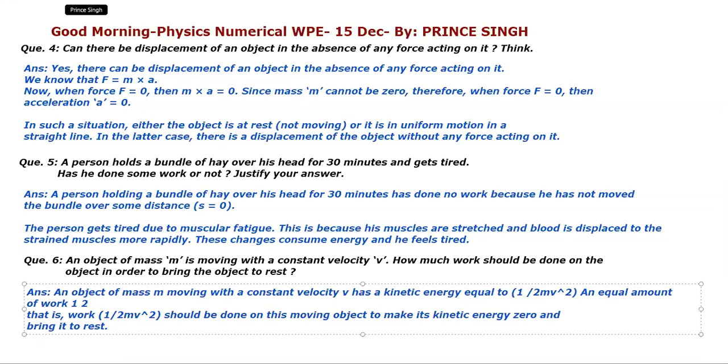So the answer is an object of mass m moving with constant velocity v has a kinetic energy equal to half mv square.